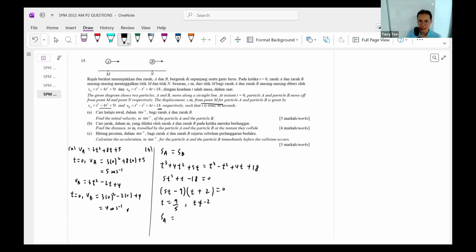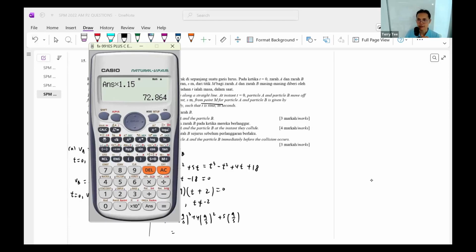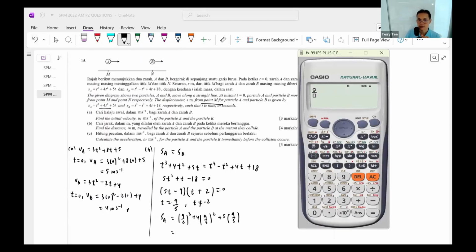Find your SA: take 9 over 5, substitute inside: 9 over 5 power 3 plus 4 times 9 over 5 power 2 plus 5 times 9 over 5. Okay, let's count on the calculator. 9 over 5, press equals. So I like to use this. When I press equals, it's saved in my calculator.